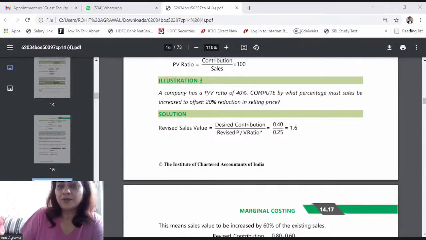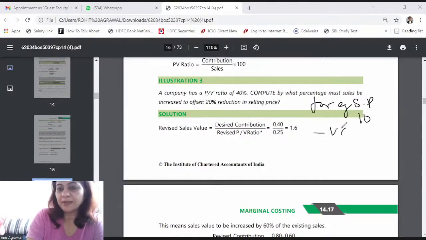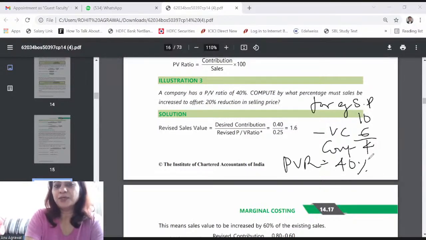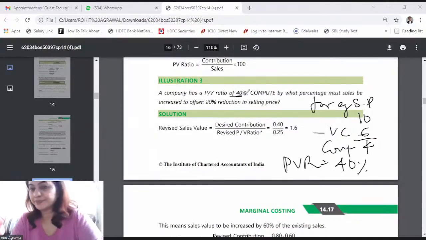Now, if I had to do it, you know how I will do it? I'll say, for example, if my selling price was 10 and my variable cost was 6, my contribution was 4. That is why my PVR was 40%, yes or no? I don't need to tell you how this is 40%.